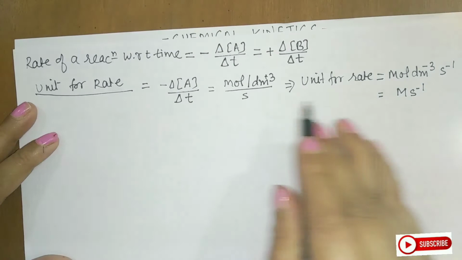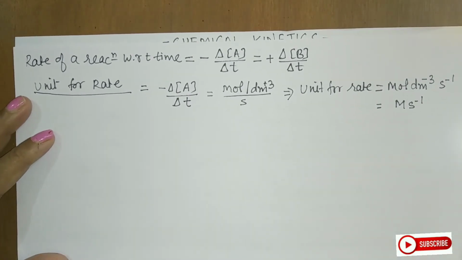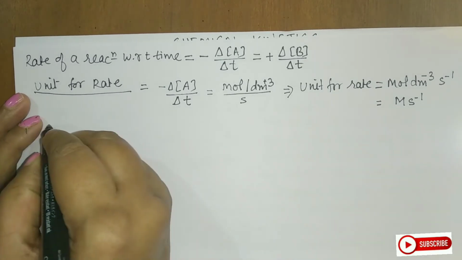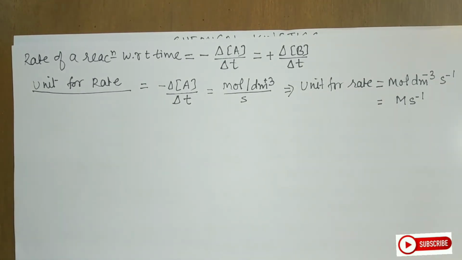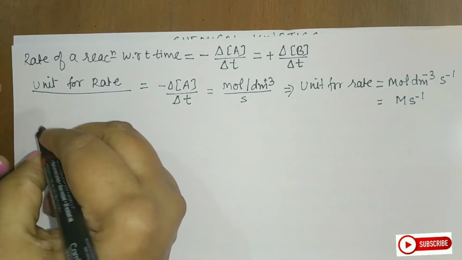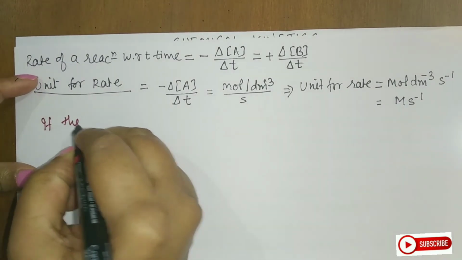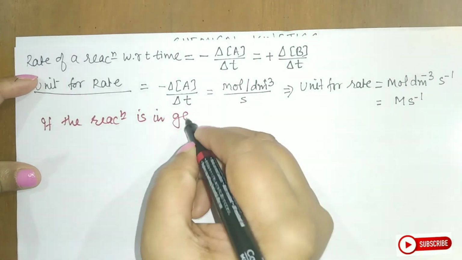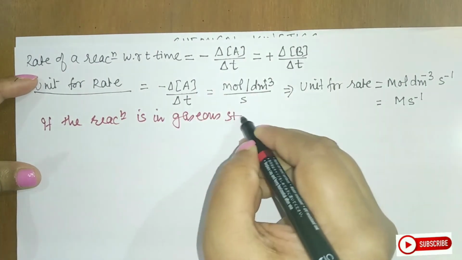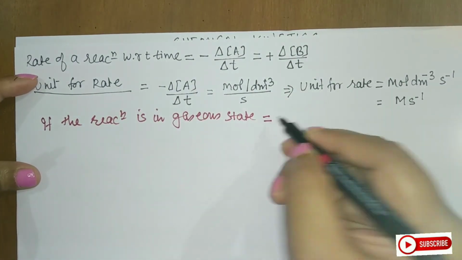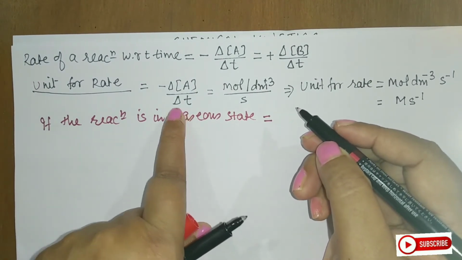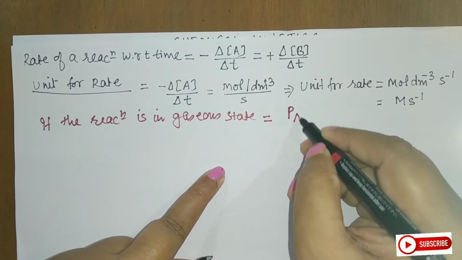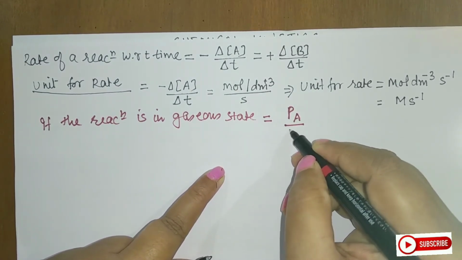Now if the same reaction is carried out in the gaseous state, then we consider partial pressure. This is important, students: if the reaction is in the gaseous state, then it is the same thing, but I will not use active mass, I will use partial pressure of A upon time taken.